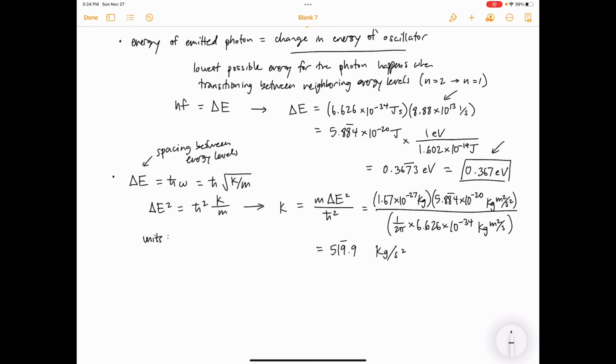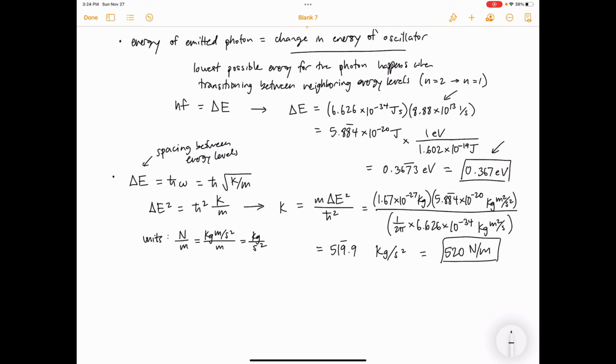So for a spring constant, we expect the units to be newtons per meter. And if we break that down a little bit, a newton is the same as a kilogram meter per second squared. And if we divide that by meters, then we see that meters go away. And we just get kilograms per second squared, which is the unit that we came up with in this calculation. So at the end of the day, this comes out to about 520 newtons per meter.